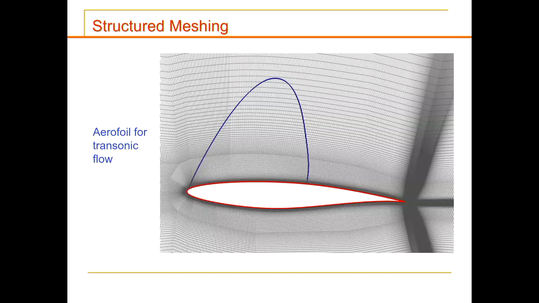Now, if you look at this aerofoil itself, the meshing seems to be a bit regular. So we call it structured meshing. What you mean by structured meshing is more of a rectangular type of meshing, right? And there is a purpose, because a rectangular type of mesh tends to be so-called more accurate than other types of meshing we are going to show you later.